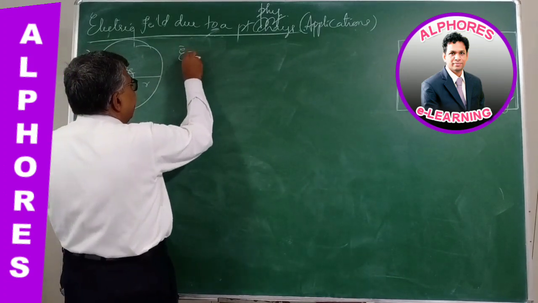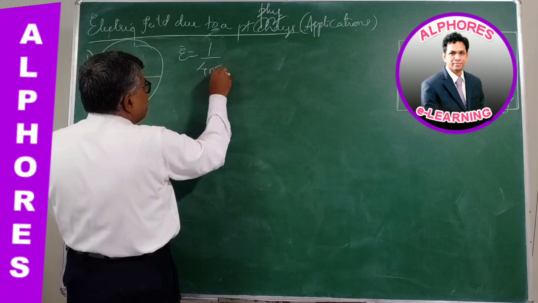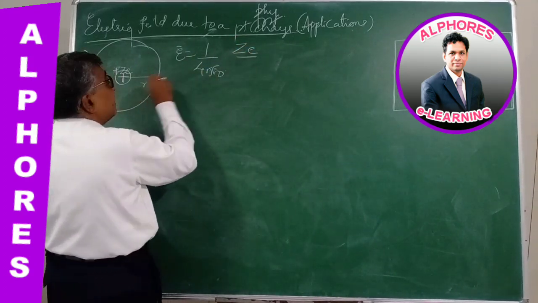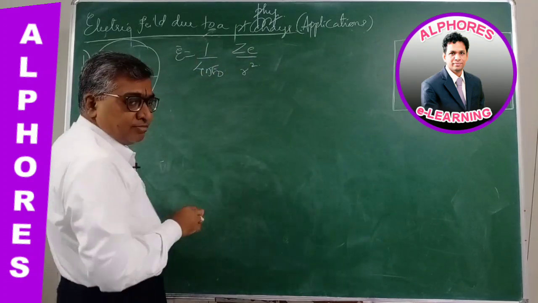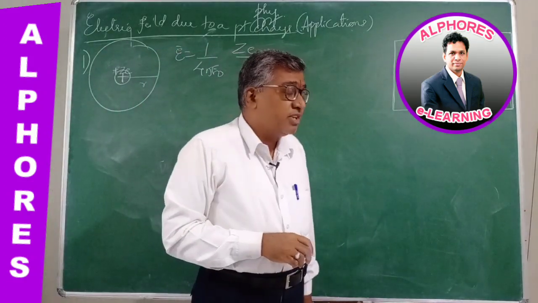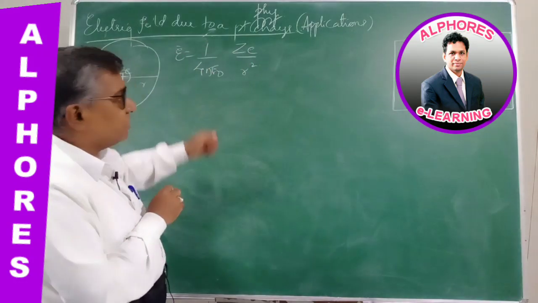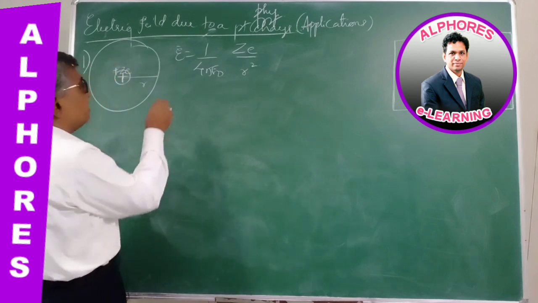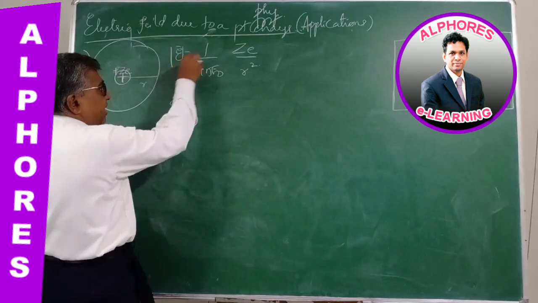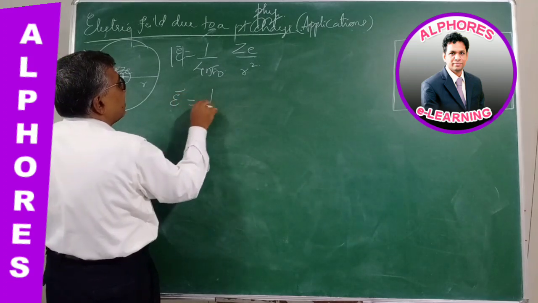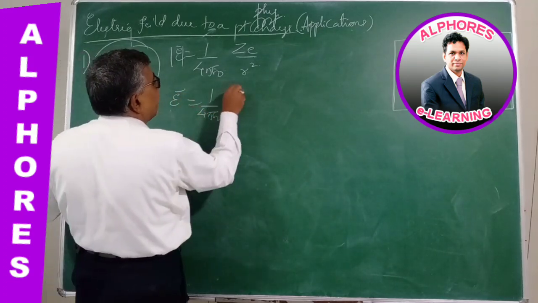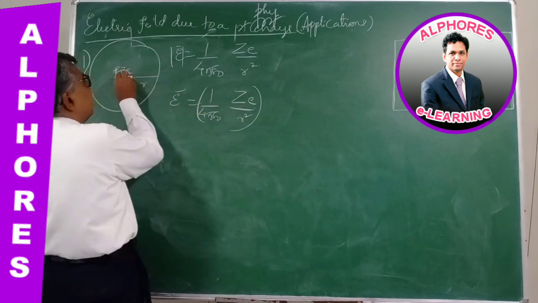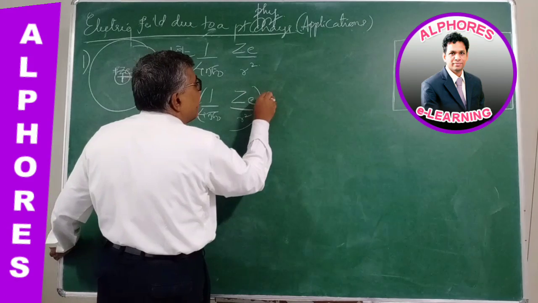The electric field is 1 by 4 pi epsilon naught times the charge Ze by the distance r square. Now he has asked for the vector form of the electric field, considering the charge to be at the origin. So E bar, the vector form, is 1 by 4 pi epsilon naught Ze by r square times the unit vector along r bar.